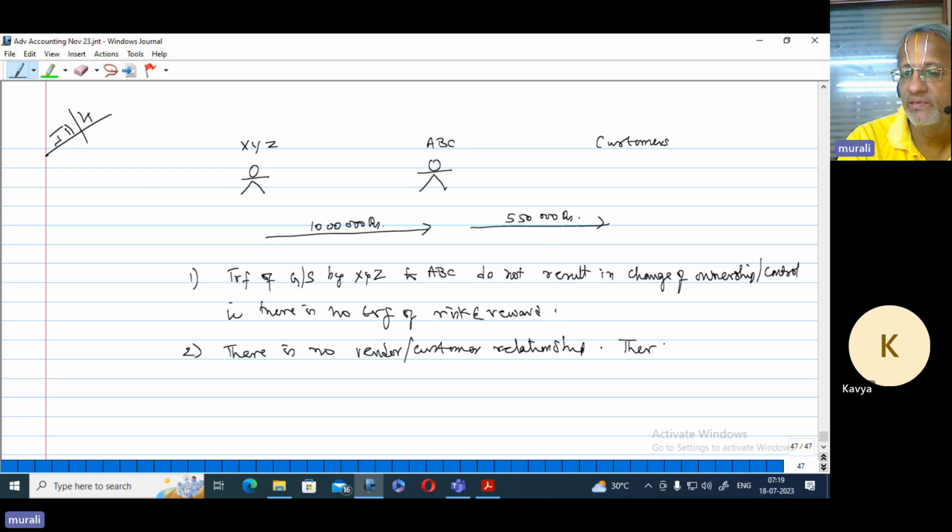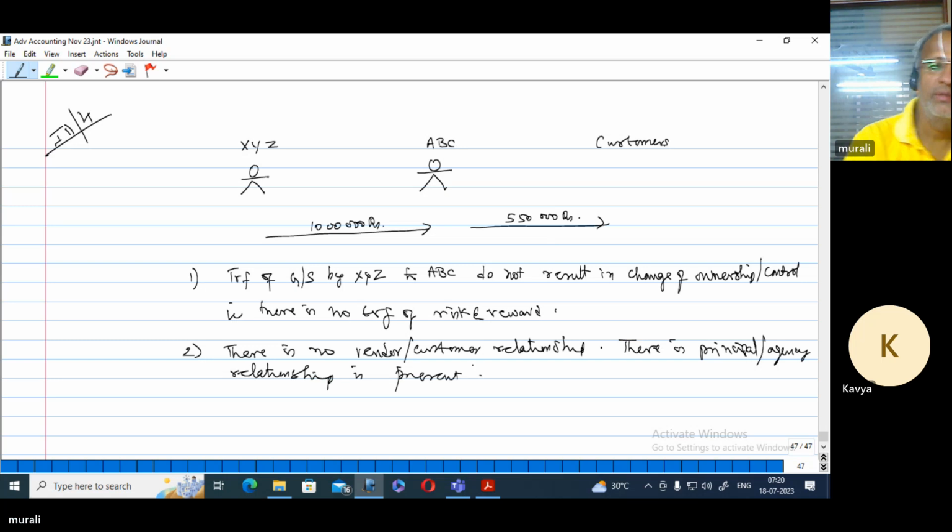There is a principal-agency relationship present. There is no vendor-customer relationship seen.